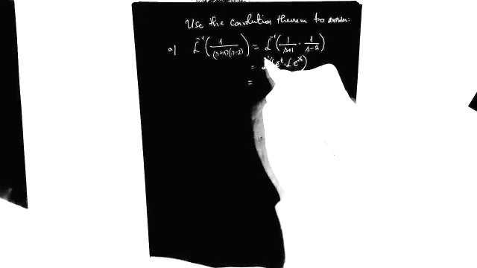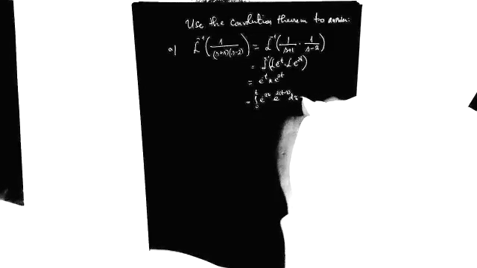So the inverse Laplace transform by the convolution theorem is e to negative t star e to the 2t, which is equal to the integral 0 to t of e to negative 2 tau times e to the 2 times t minus tau d tau, which is the integral from 0 to t of e to the 2t minus 4 tau d tau.